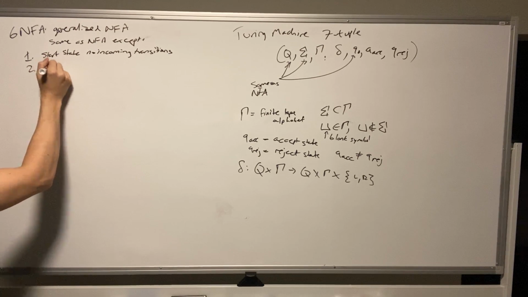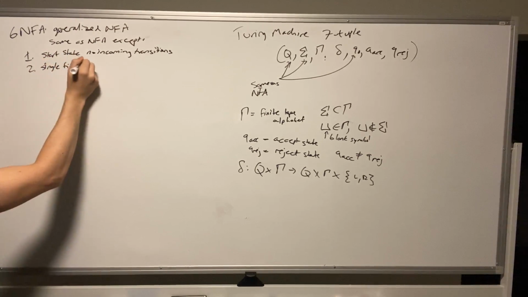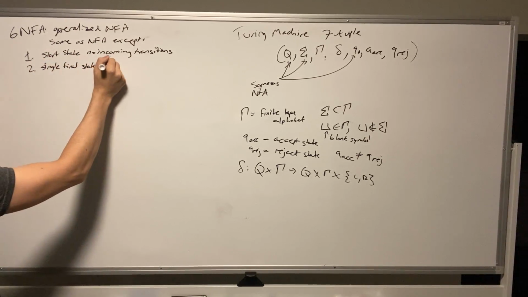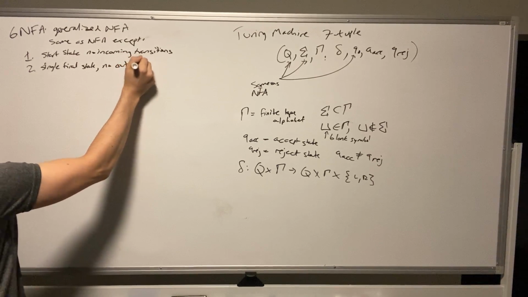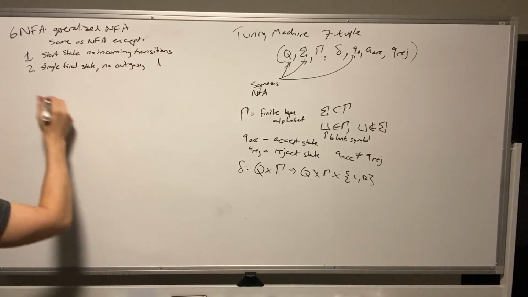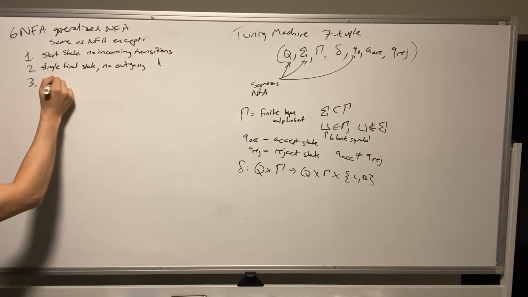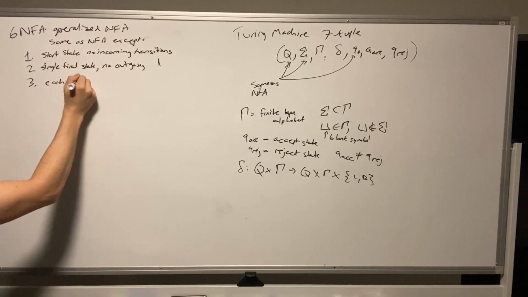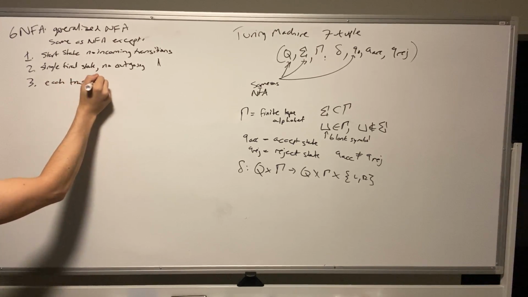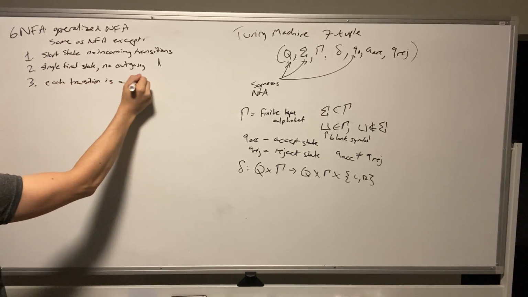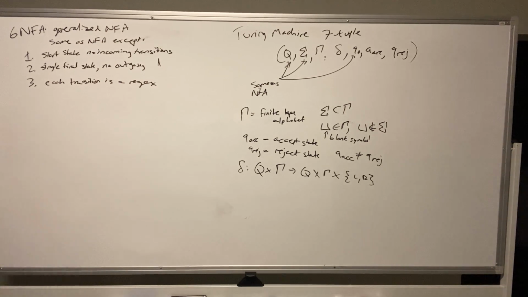Two, there is a single final state with no outgoing transitions. And three, each transition is a regex. And in fact, you can do even more than that, but this is fine for our purposes.